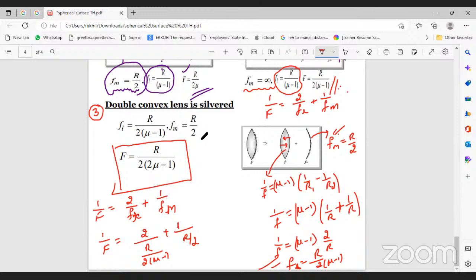Do you have any doubt? No, sir. So shall we start the competitive problems, MCQ questions based on this? Yes, sir.